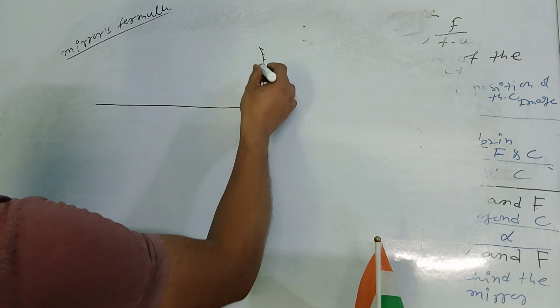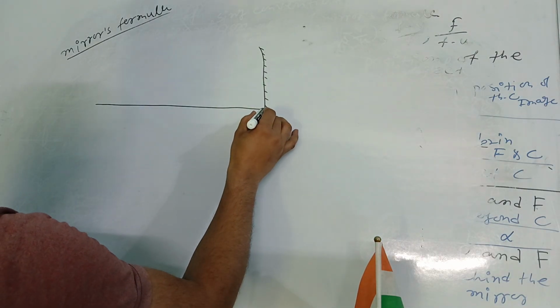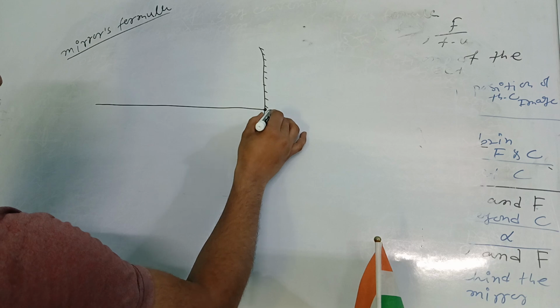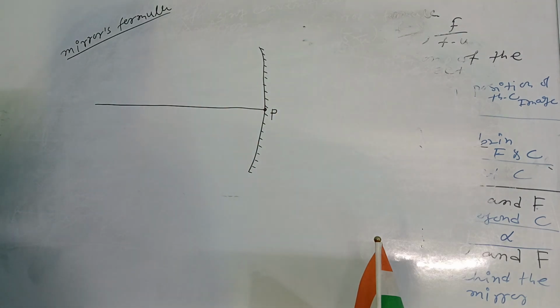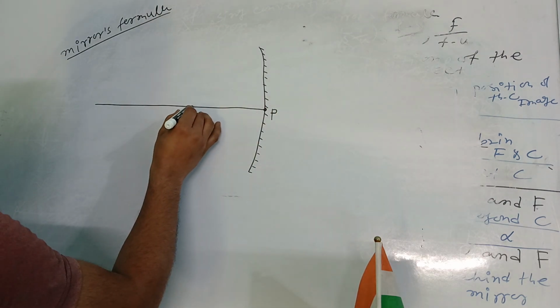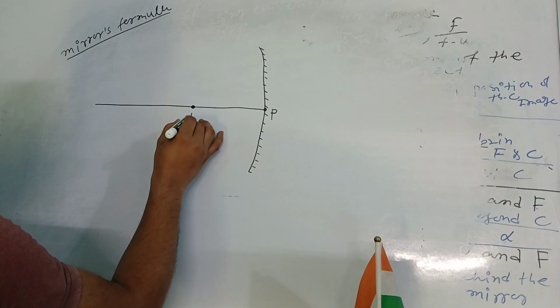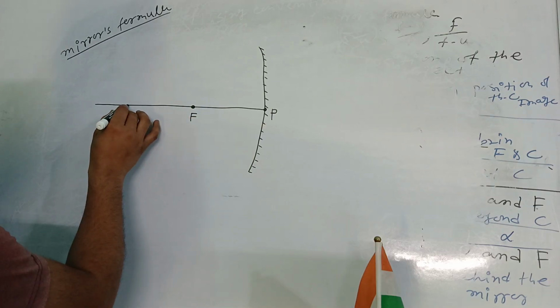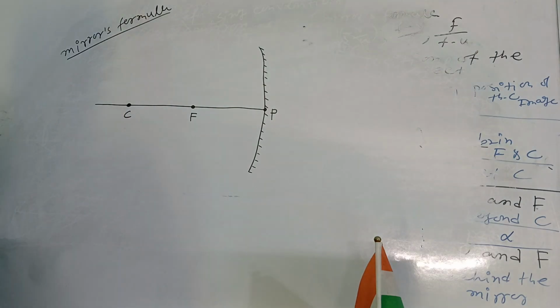This point is the pole. This is the focus, and this point is the center of curvature.